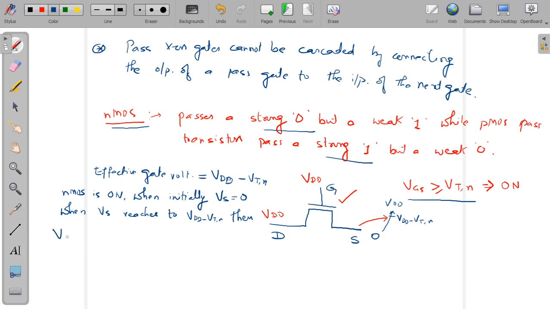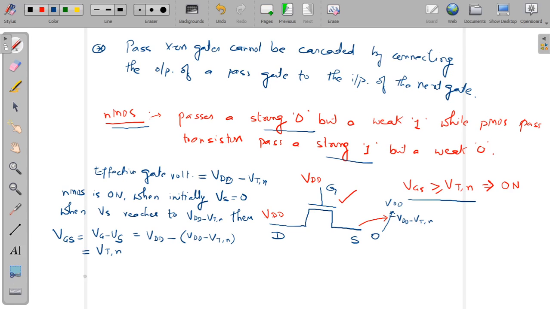if we calculate the value of VGS, what happens? VGS can be written as VG minus VS. What is the value of VG here? VG is VDD, and VS is VDD minus VTN, and this comes out to be equal to VTN.